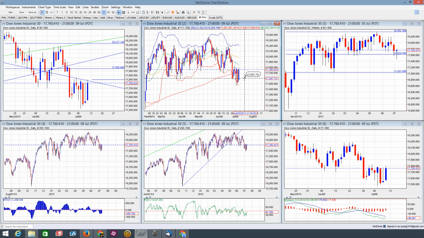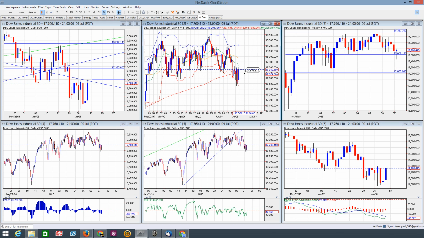The 200 DMA, its upside advance is starting to fade a bit, and the 50 DMA, which is the orange line, has curled back over and is starting to head down to the 200 DMA. And of course, if that 50 does drop below the 200, that could spook the market with a death cross.